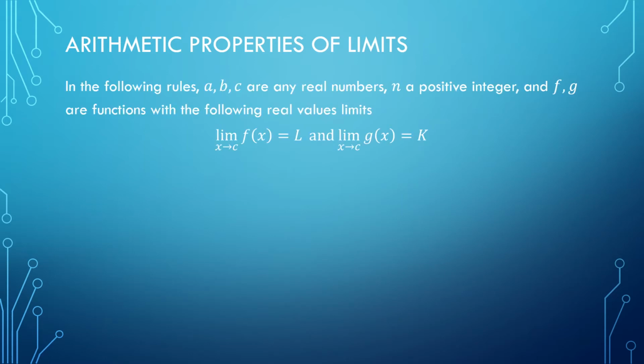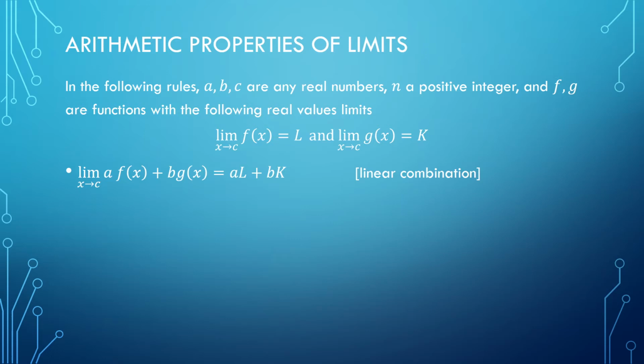So in the following rules, a, b, and c can be any real number, and we'll talk about some special cases. And n is going to stand for a positive integer, a natural number. And suppose that f and g are any functions where we have a known limit value. Okay, so f approaches L and g approaches k as x approaches c. One thing we can do is take a linear combination.